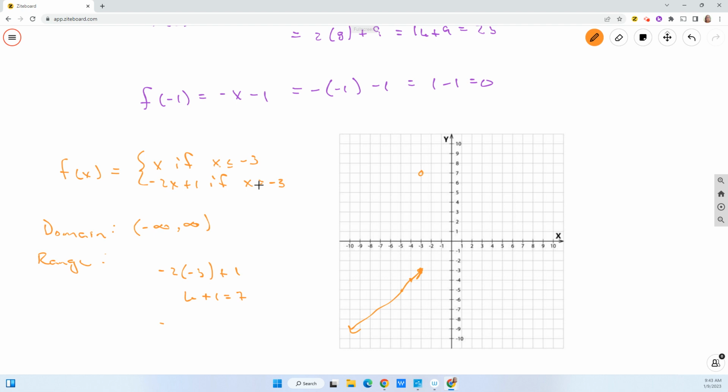If I'm plugging in, say, -2, I can keep putting x's in, right? -2 plus 1 is 4 plus 1, which is 5. So at -2, we've got a point at 5.